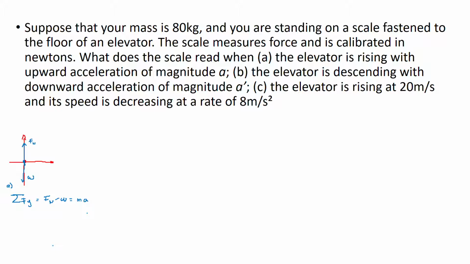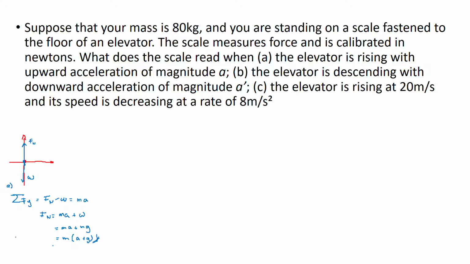Okay, so we need to know the reading of the scale. So there we're going to know that the normal force is going to be equal to the mass times acceleration plus the weight, and that's going to be equal to the mass times acceleration plus the mass times the gravity. And if we just make common terms, it'll be the mass times the acceleration plus the gravity. Okay, so that's the answer for the first part.